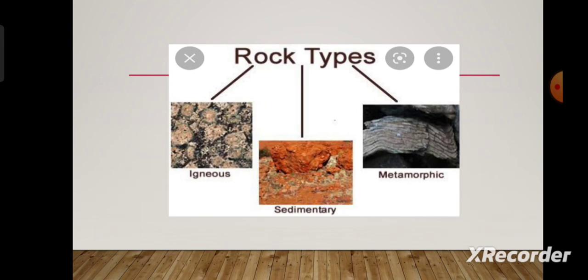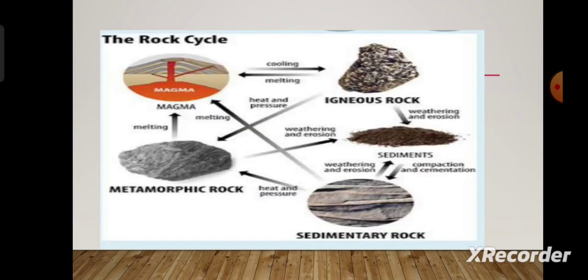You can see all the three rock types: igneous, sedimentary, and metamorphic. When the hot magma cools down, it forms igneous rock. This igneous rock, due to weathering, erosion, and atmospheric conditions, breaks down into small particles called sediments.